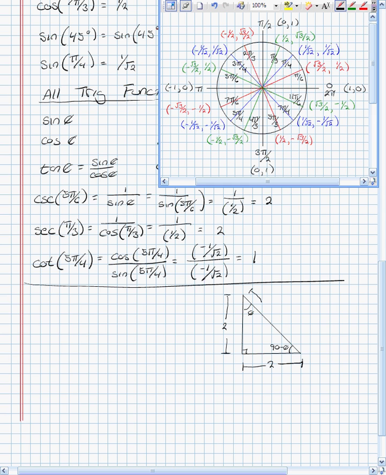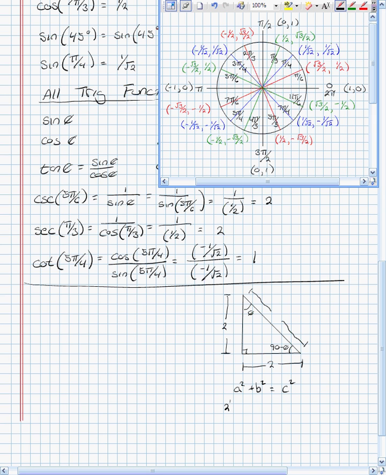So in order to find the hypotenuse, we have to use the Pythagorean Theorem, which is a squared plus b squared equals c squared. So a and b are the two sides of the right angle, and c is the hypotenuse.